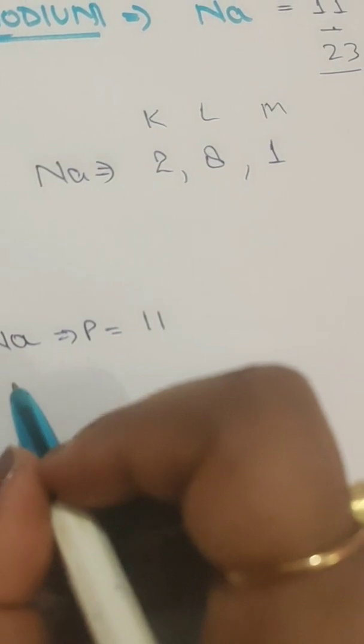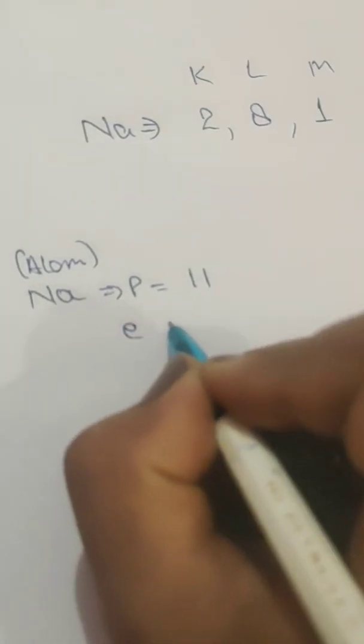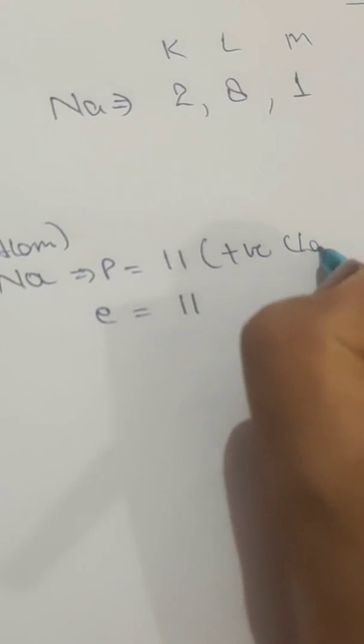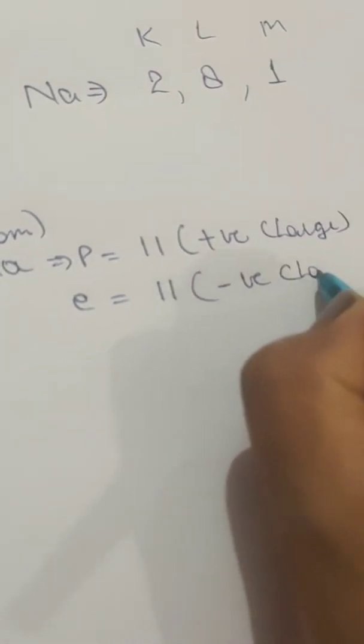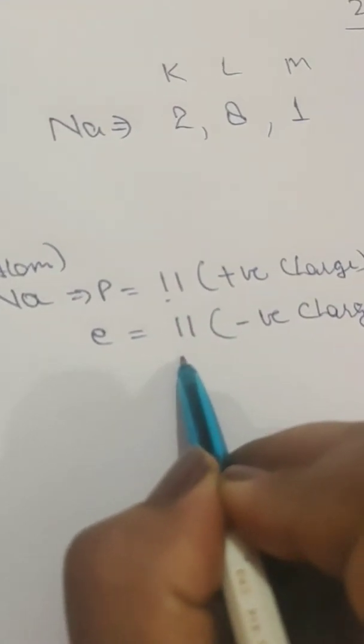We are talking about the sodium atom, and this sodium atom has 11 electrons, so it has positive charge and negative charge. That means it has an equal number of positive and negative charges.